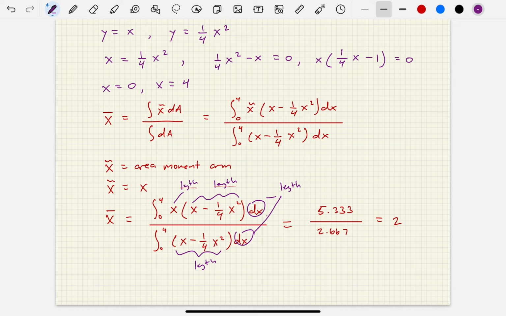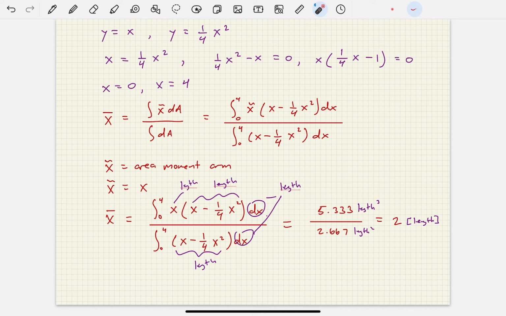So when I evaluated this, that numerator is going to have units of length cubed, and that denominator is going to have units of length squared. And so you get a final value of 2 with units of length. Your final answer is x bar equals 2, carrying units of length, so that could be inches, millimeters, feet, whatever.